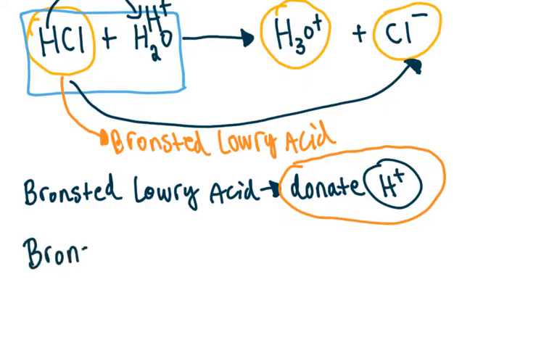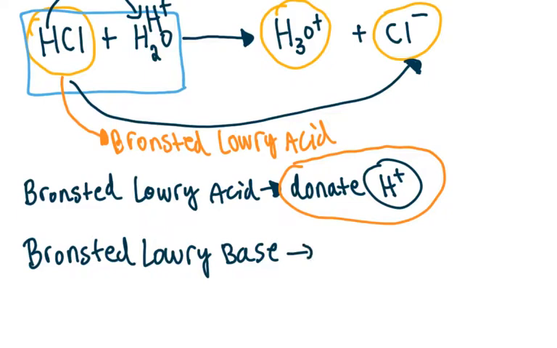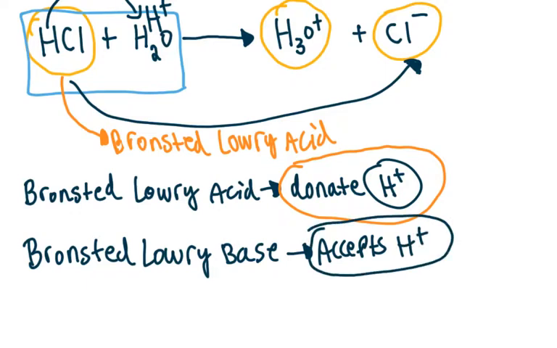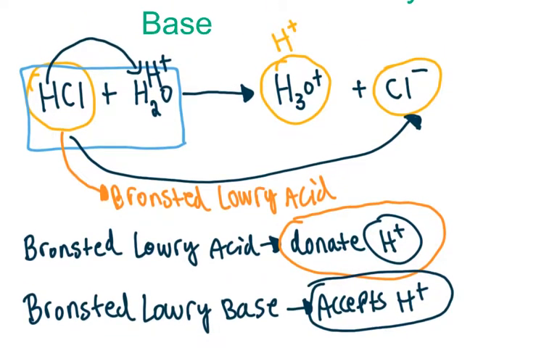So let's go and write that down. A Bronsted Lowry base doesn't donate hydrogen cations, it doesn't donate a proton, it accepts a proton. It accepts a hydrogen proton, a hydrogen cation, pretty much a proton. So here, what accepts a proton? Well, we just said that we see H2O accepting a hydrogen cation from HCl.